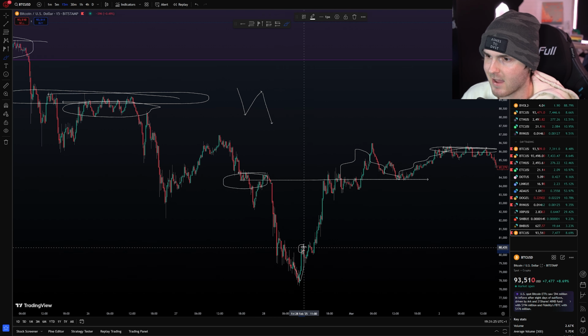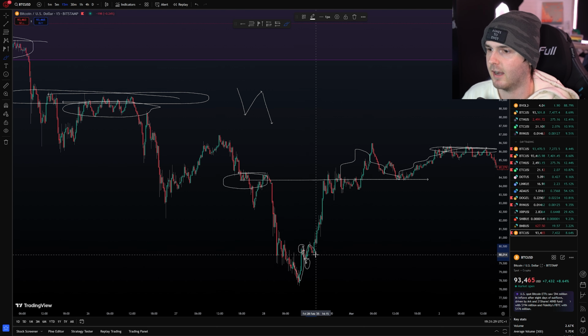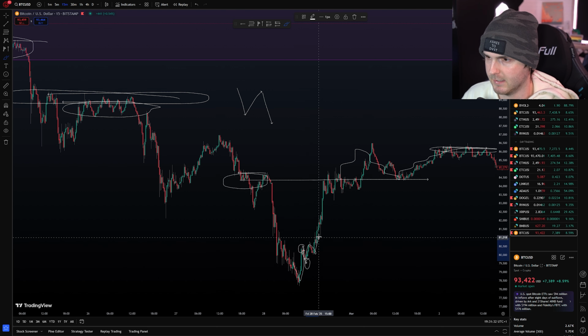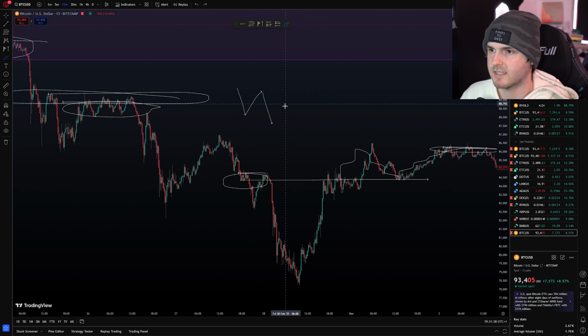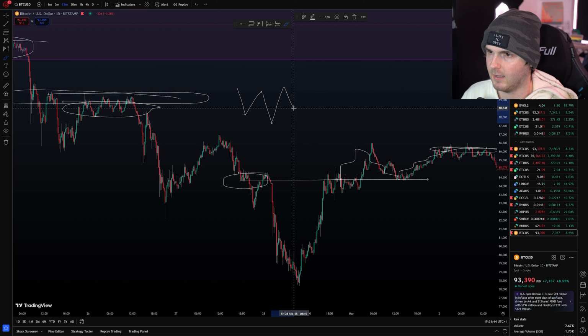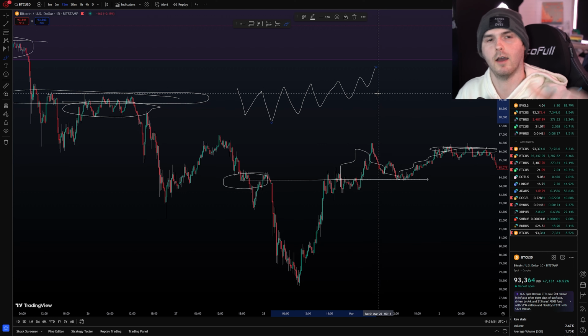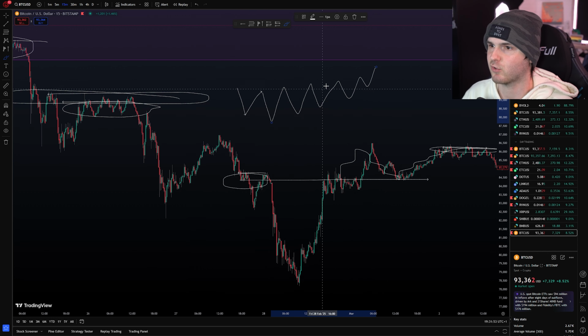We got a higher high, we got a higher low, and then another higher high, another higher low, and then we went up. So it's a downtrend unless you get a higher high and then a higher low. And then you probably will get another higher high, another higher low, etc. An uptrend. So this is like a trend reversal.